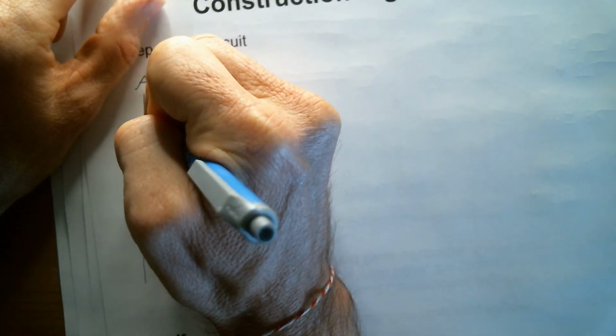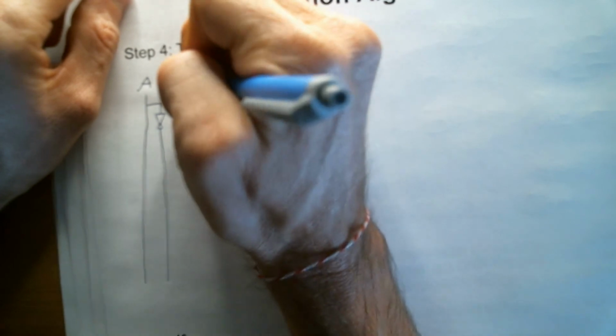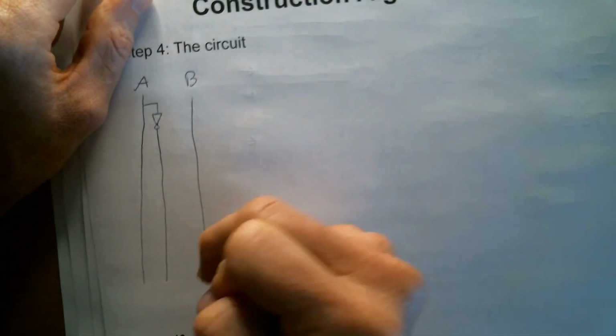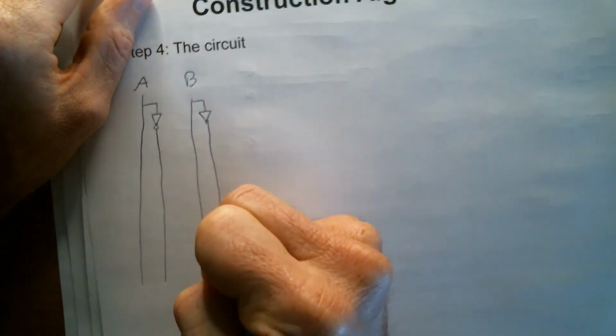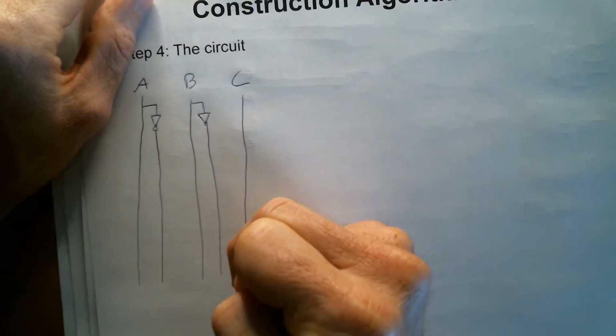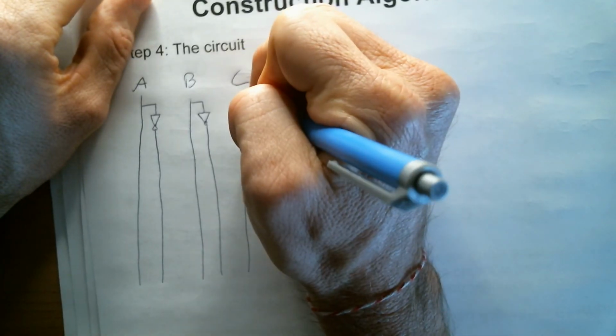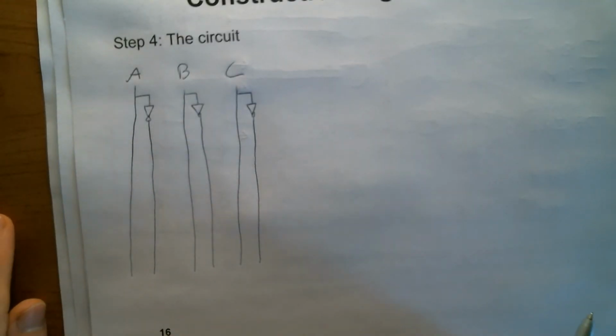There's our not A line. There's our B line. There's our not B line. There's our C line. There's our not C line. All right, so now I have any possible input that I might need.